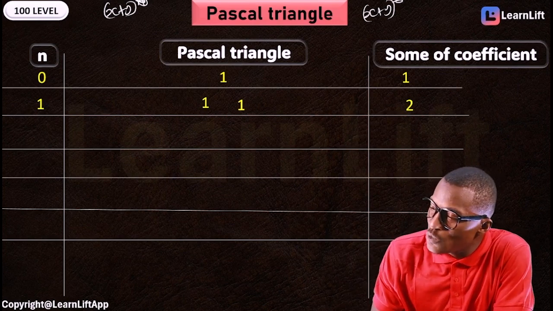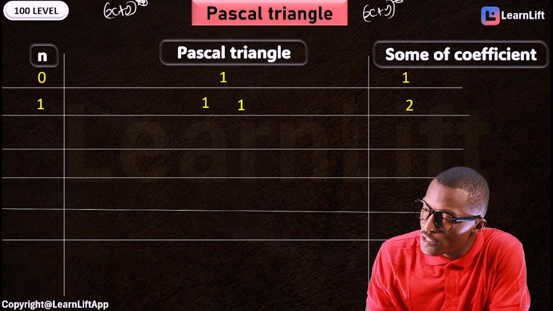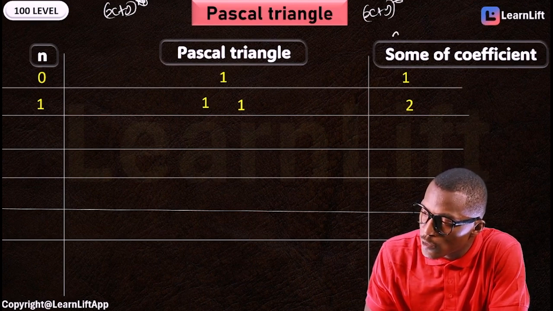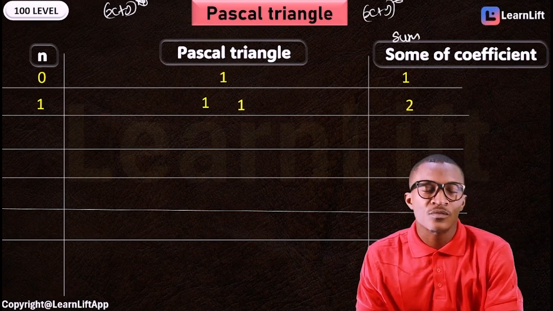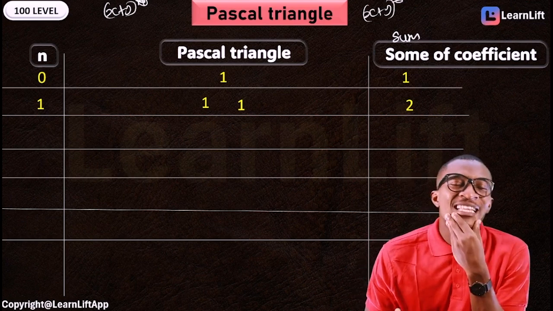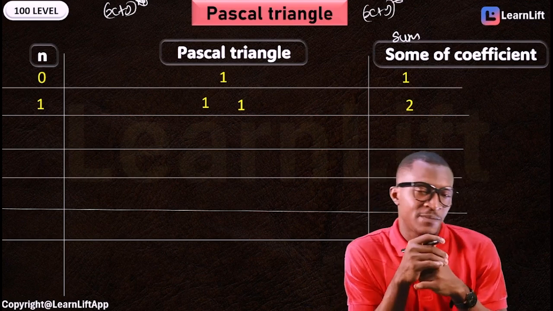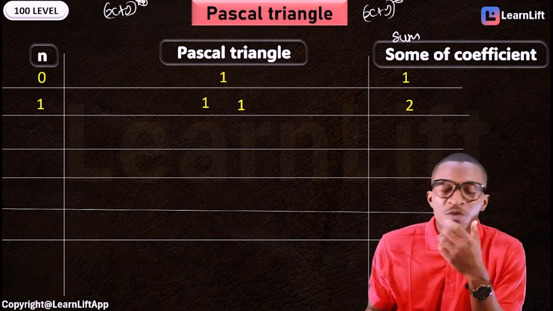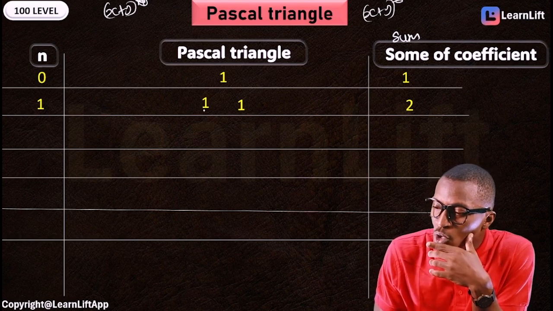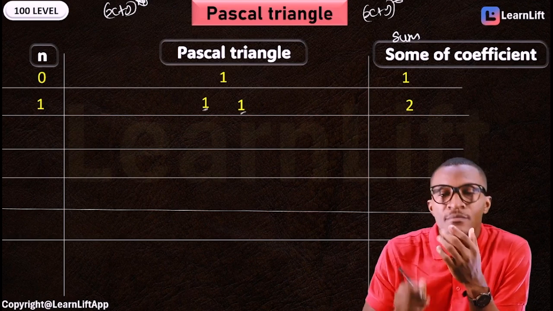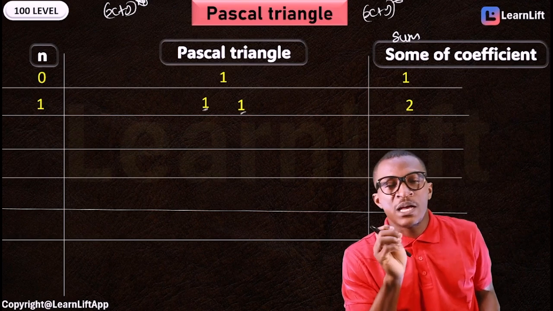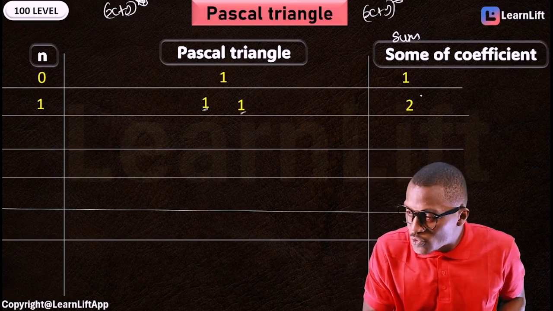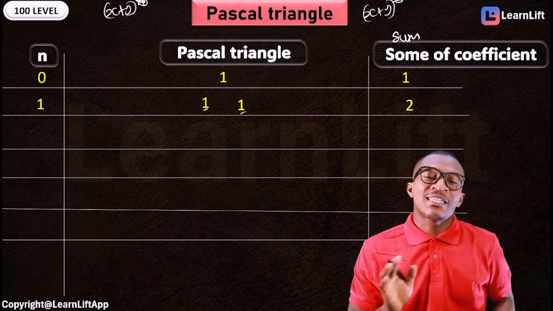This is the sum of the coefficients. Take note that in this triangle, 1 must always start and 1 must always end. And how do we get 2 here? This 2 is 1 plus 1. Now you understand it from number 3.